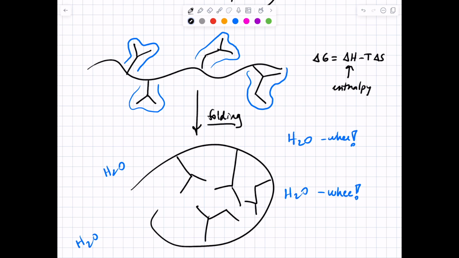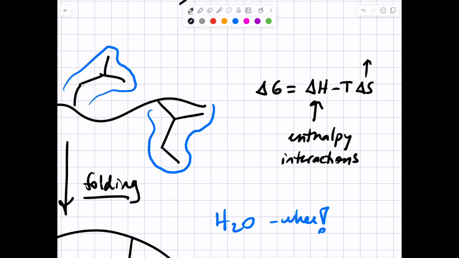Enthalpy for us is going to be about interactions. Are the interactions you form stronger than the interactions you broke? Delta S is entropy, and this is going to be, is the system more disordered than it was previously?